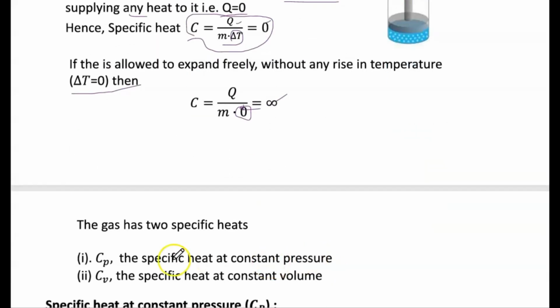Now further, we will consider two specific heats: CP, the specific heat at constant pressure, and CV, the specific heat at constant volume.